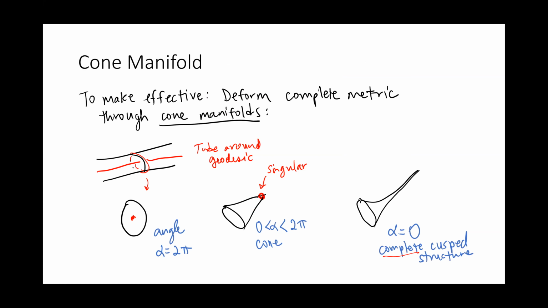So if the volume is finite, the group will always be discrete, right? If it has finite volume, if it's a finite volume complete hyperbolic structure, then yes, it's going to be a discrete group.